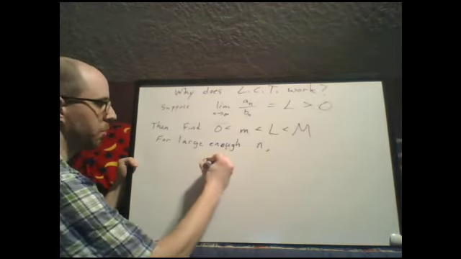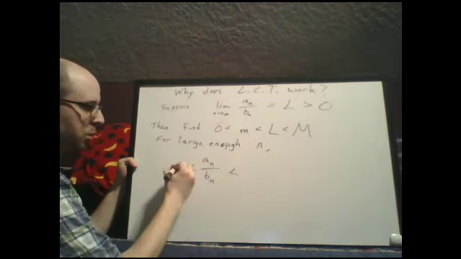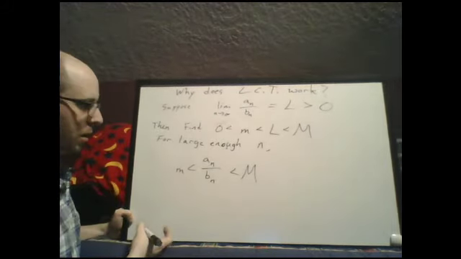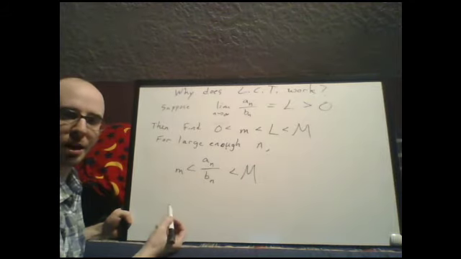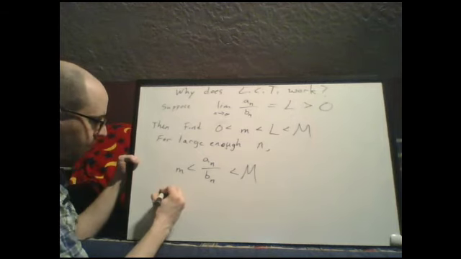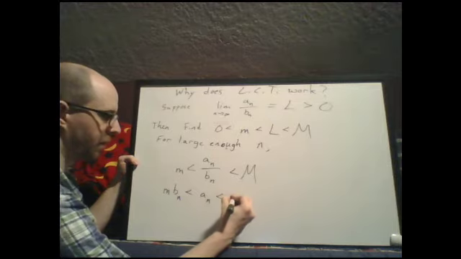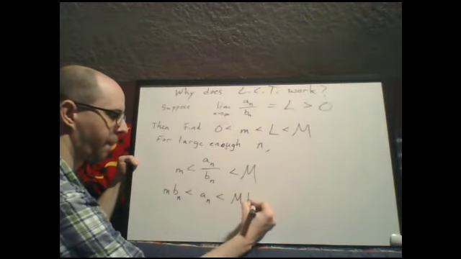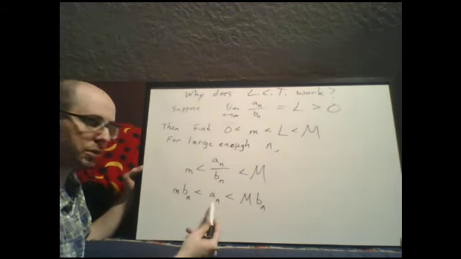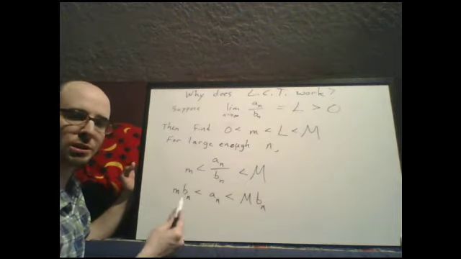So an over bn will be close to L, so it'll be between little m and big M. Well, now I've got this compound inequality I can work with. Let's multiply everything by bn. Then what I get are bounds on an, or an is trapped between two different sequences involving bn.